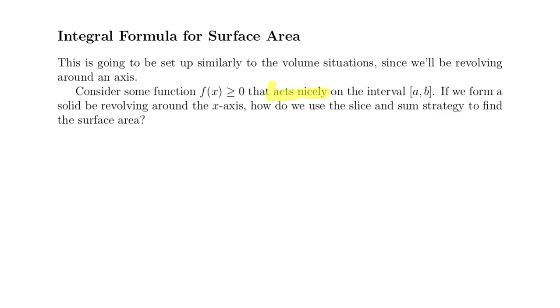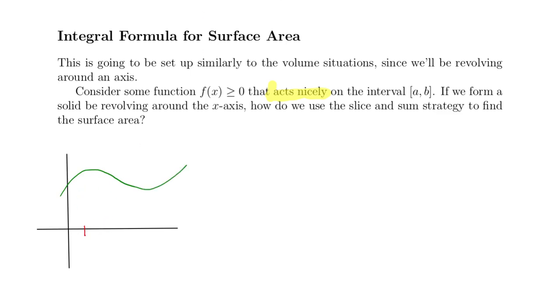So let's just go ahead and draw this out a little bit. I'll draw a nice axis here. Maybe I'll make this a little bit smaller so I have some room for myself later on. So I'll draw my axis over here. Our function is going to be greater than or equal to 0, so we'll just say it looks like this.